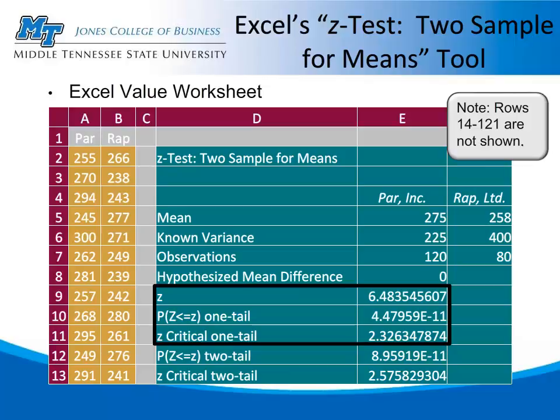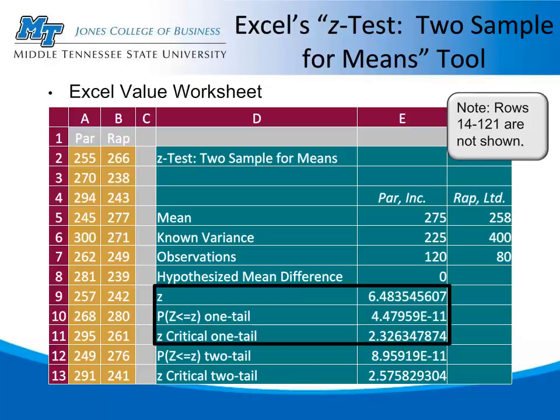So Excel calculates the z-value for you. We rounded it off to 6.48, but Excel gives you a lot more decimal places than that. The p-value for a one-tailed test, you see 4.4795, and you say, what's that? But if you look at the end of it, there's an e minus 11, times 10 to the minus 11th power.